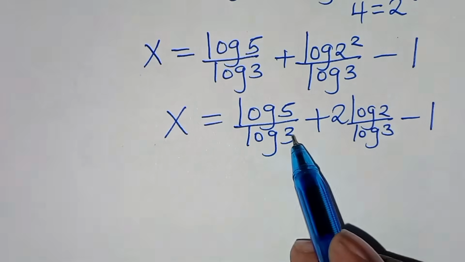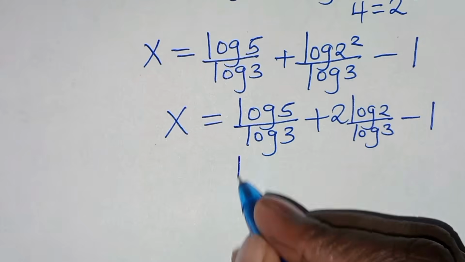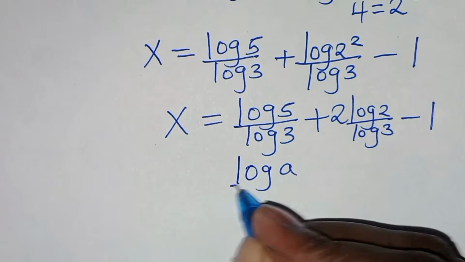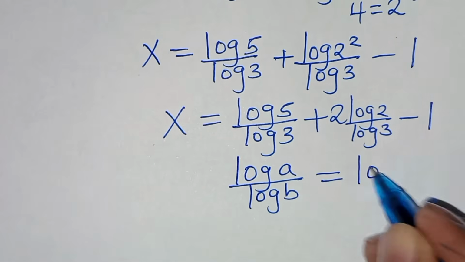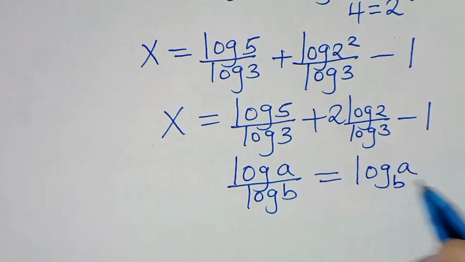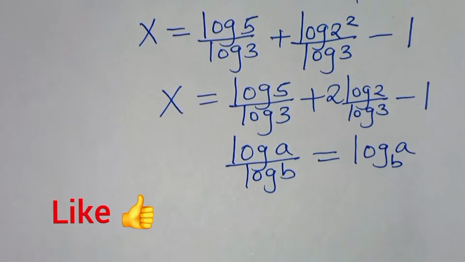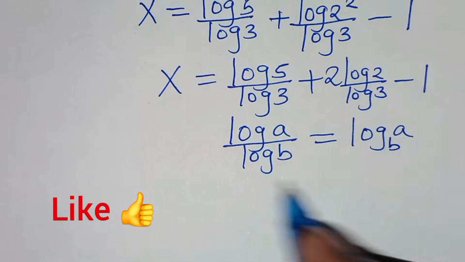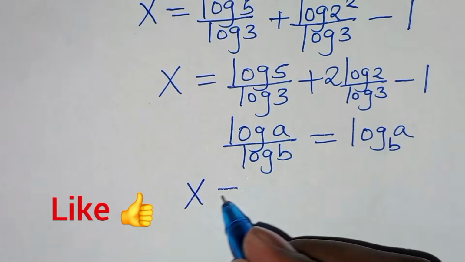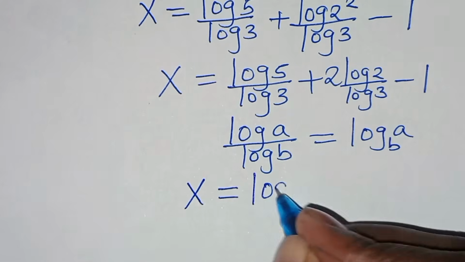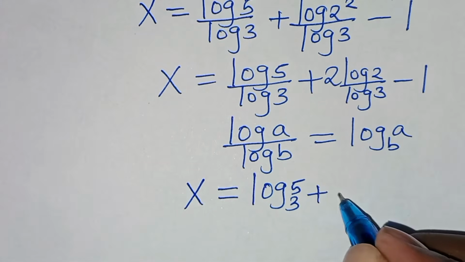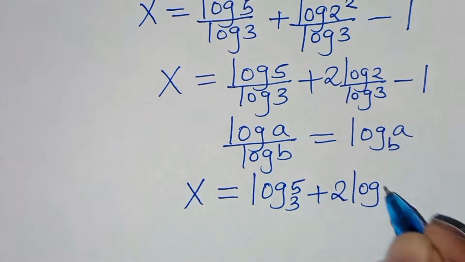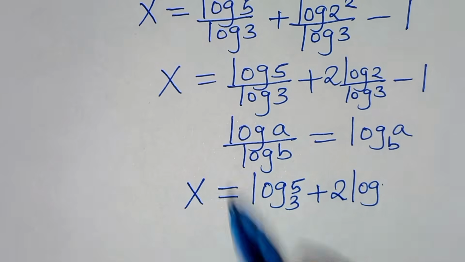So log 5 over log 3 and log 2 over log 3, this is in the form of log a divided by log b, which we can express as log a to base b.